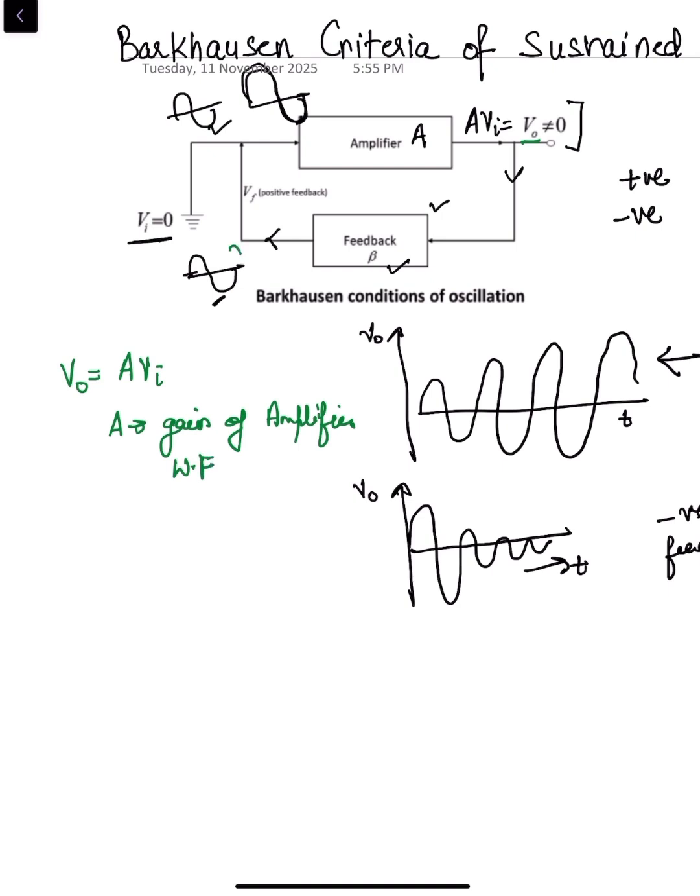And the feedback voltage is given by beta times V output, because this beta fraction of the output voltage will be the output of this feedback circuit. So I am writing it as Vf equals beta V output. Putting the value of V output from this expression, we will get A beta V input. So the final expression is Vf equals A beta V input.